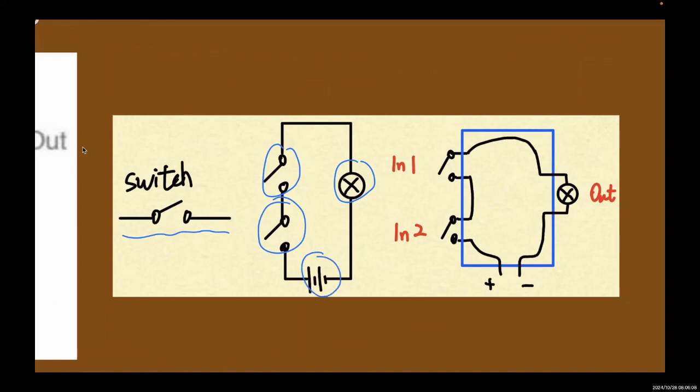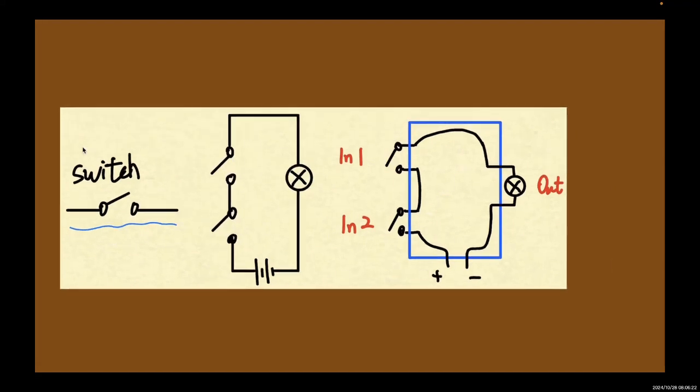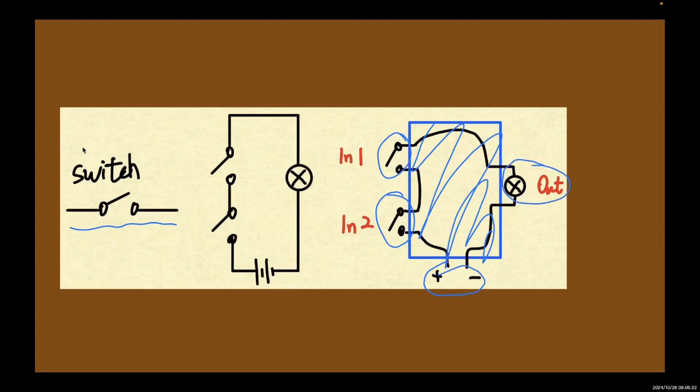It's basic: if both of the switches are connected, then the bulb is working, otherwise the bulb is not working. If you put a black box here with two switches as input, and you got a battery and a bulb as output, this is in one, in two, and this is out.